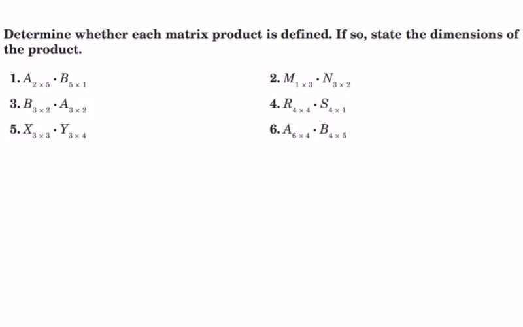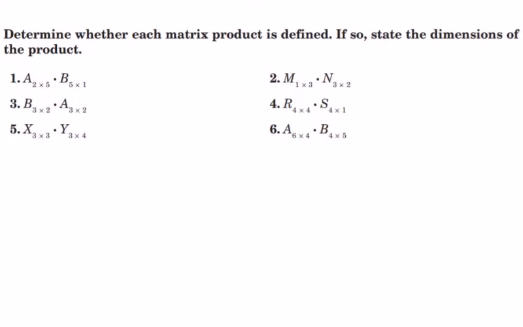For one, with matrix multiplication, the dimensions don't have to necessarily be the same, but what does have to be the same is the number of columns in the first matrix and the number of rows in the second matrix.